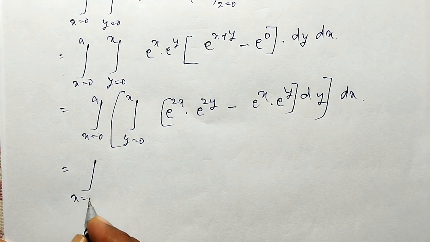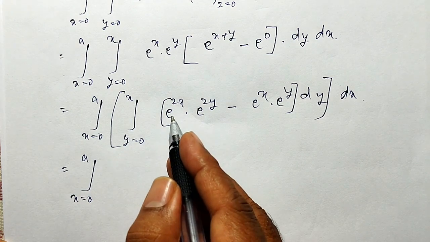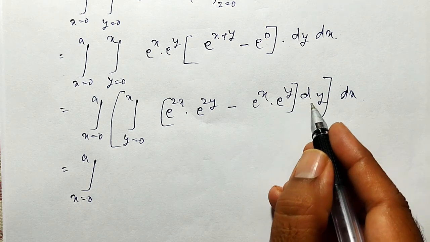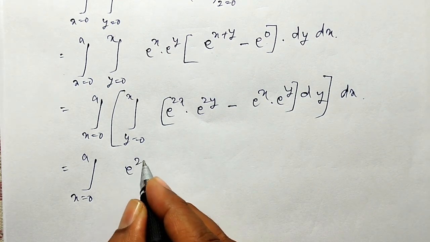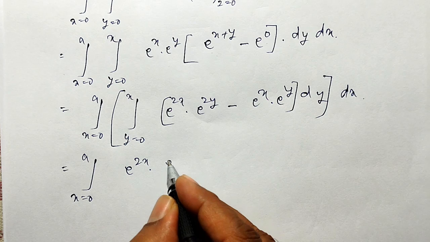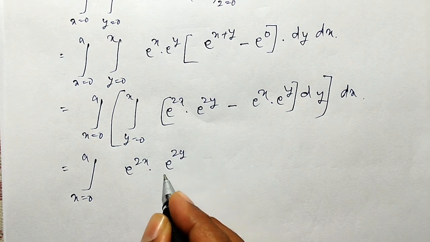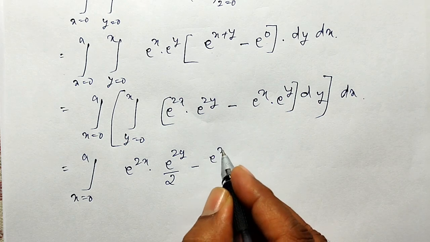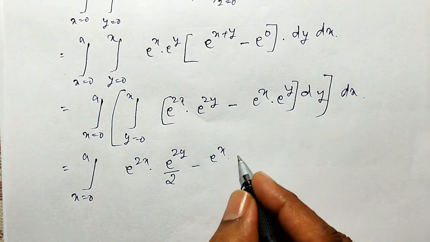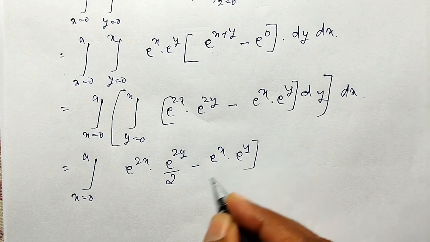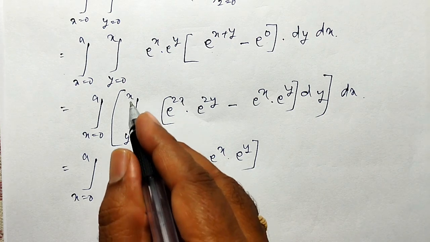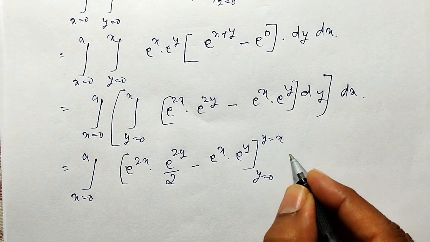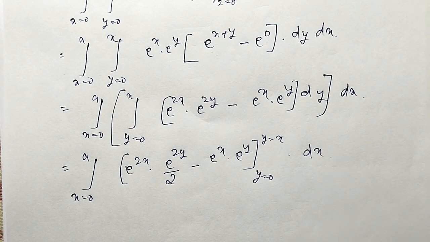Integration from x equal to 0 to a, e raised to 2x is constant again because you are integrating with respect to y now, e raised to 2y integration is e raised to 2y divided by 2, minus e raised to x as it is again constant, e raised to y integration is e raised to y. This is between the limits y equal to 0 to y equal to x, into dx.